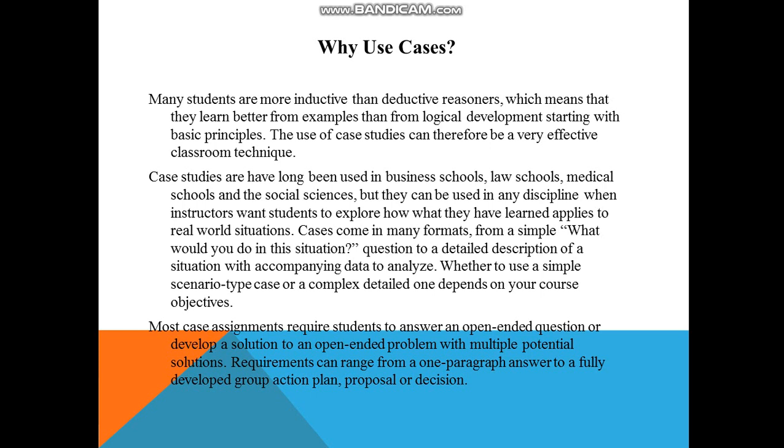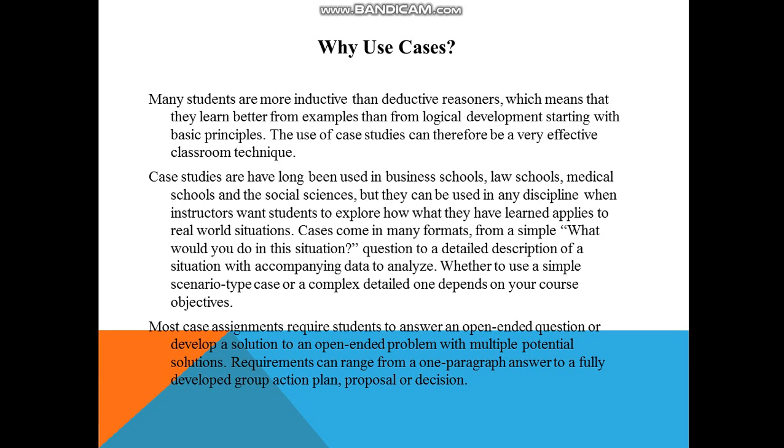Case studies have long been used in business schools, law schools, medical schools, and the social sciences, but they can be used in any discipline when instructors want students to explore how what they have learned applies to real-world situations. Cases come in many formats, from a simple "what would you do in this situation?" question to a detailed description of a situation with accompanying data to analyze.